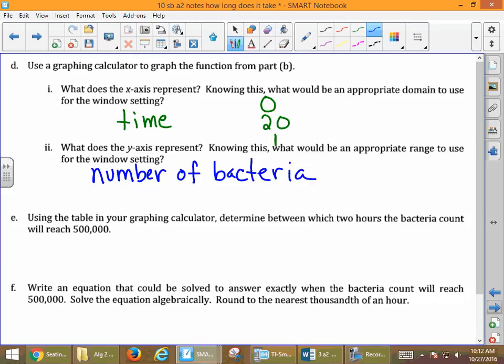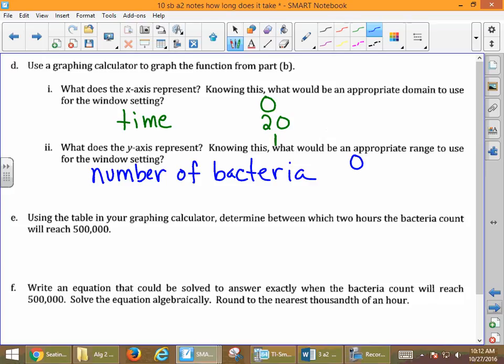And the thing is, in our bacteria, we started with 25. But I started back here at 0, in terms of looking at an appropriate range. Started at 0. And then we left off at 3 hours, we had 200 bacteria.